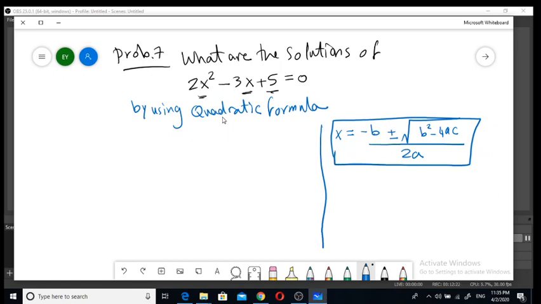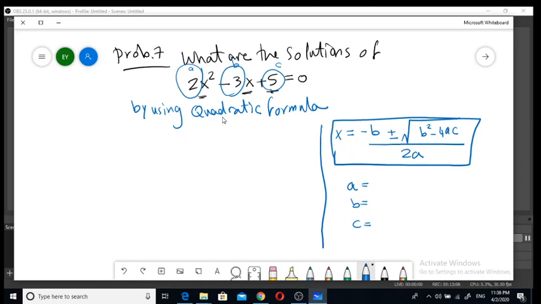So we have to identify a, b, and c. A is the leading coefficient, the coefficient of x squared, b is the coefficient of x, and c is the constant.